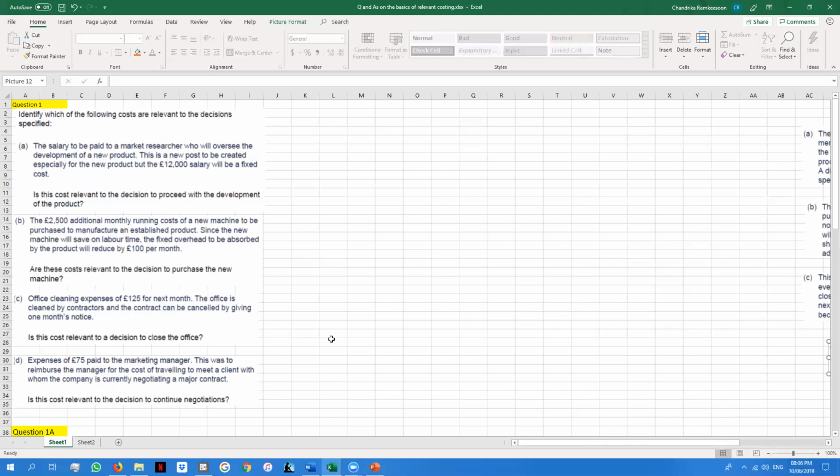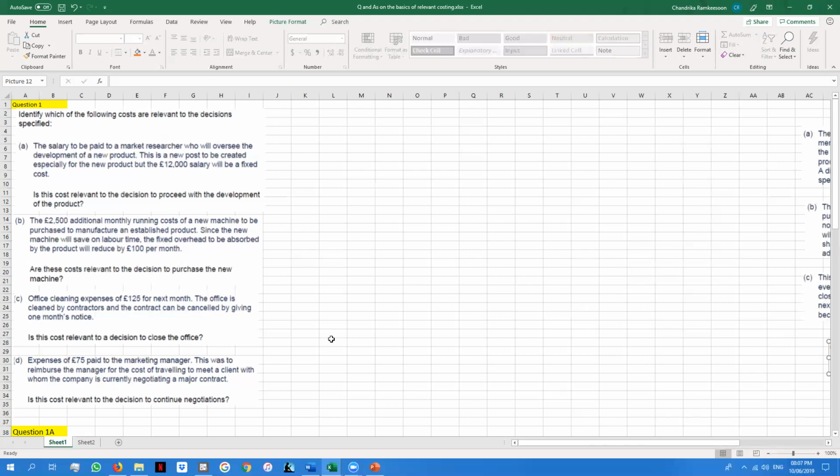But the fixed overhead to be absorbed by the product will come down. Anytime you're looking at a fixed cost and you see absorbed, apportioned, or anything like that, it's not relevant. That's like the example I used a few minutes ago, where the existing 30,000 is being absorbed or apportioned over the 100,000 units.